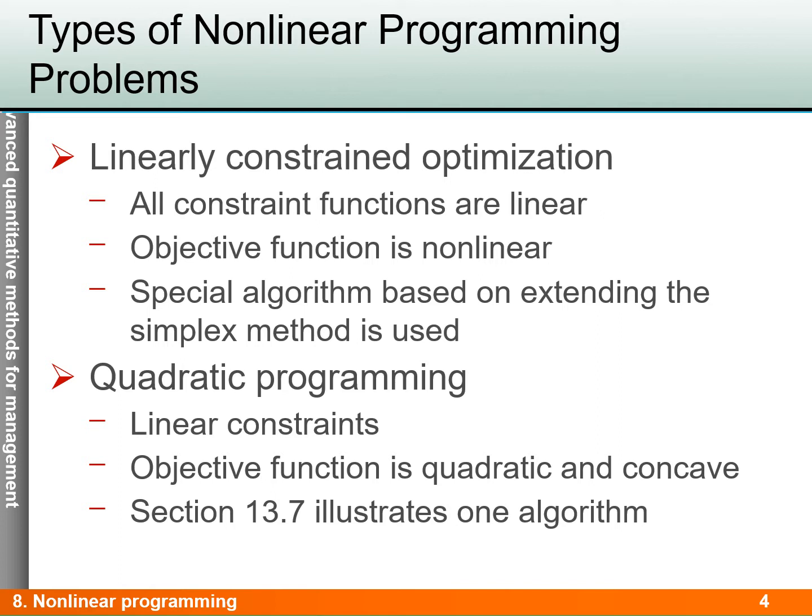The next type of nonlinear programming problem is linearly constrained optimization, that is characterized by constraints that completely fit linear programming. Okay, so in these types, all the constraint functions g_i(x) are linear.